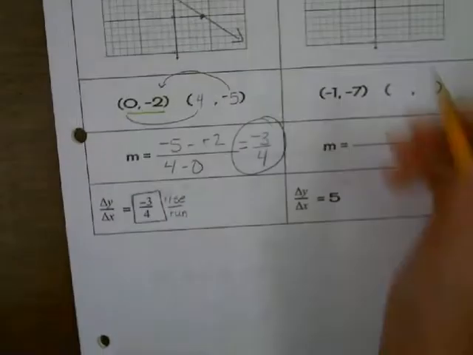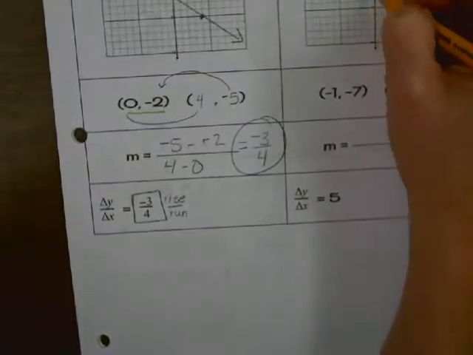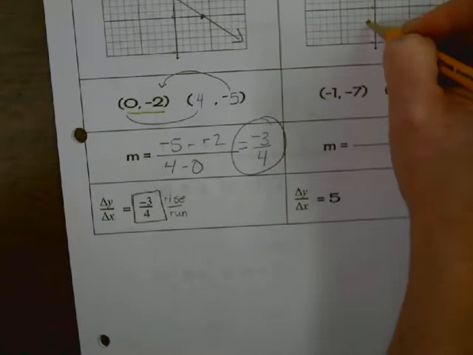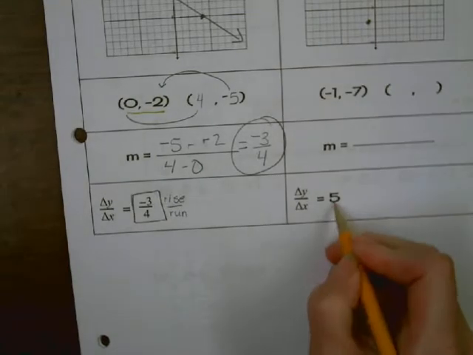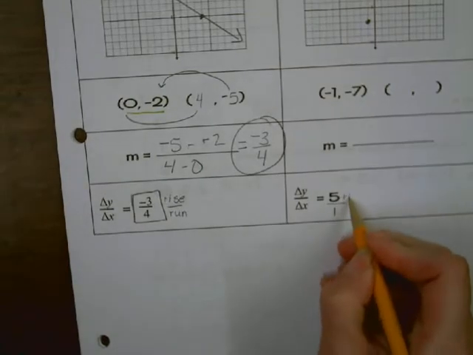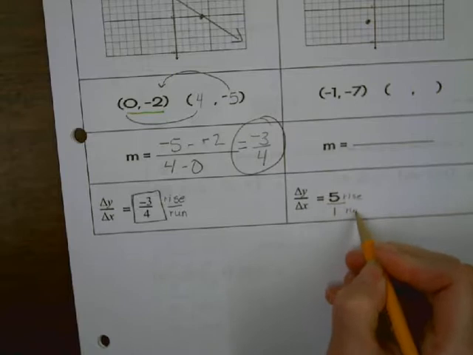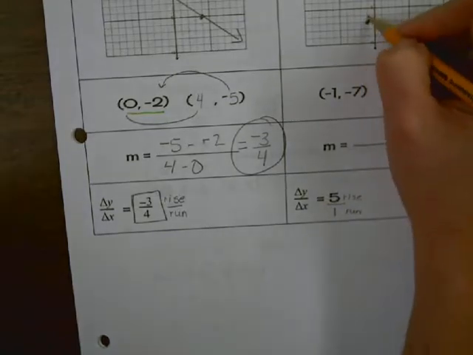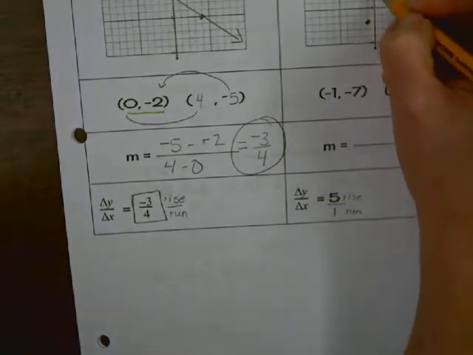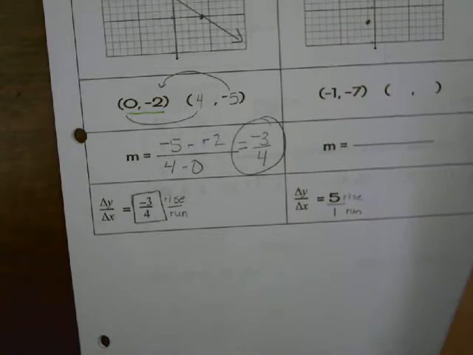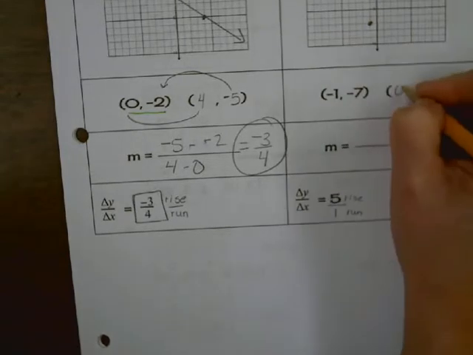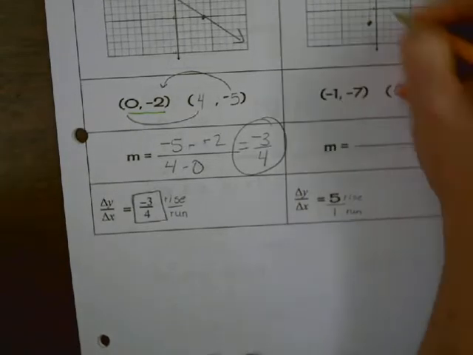All right, what do I have? I have a negative 1 and a negative 7. And I need to go rise 5, run 1. So 1, 2, 3, 4, 5 over 1. I would get 0, negative 2.